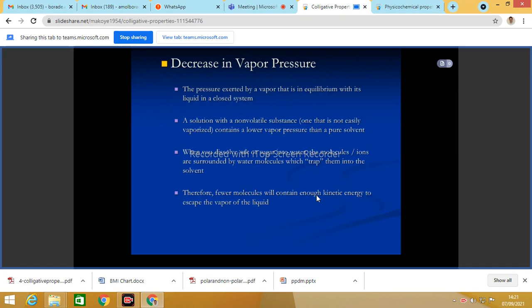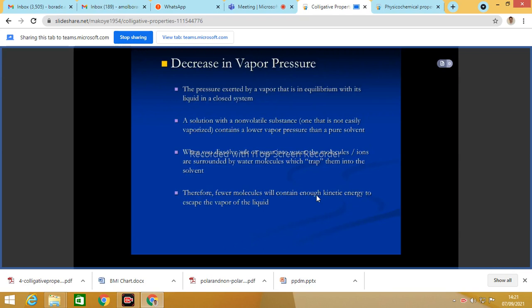A gas molecule has more energy than a liquid molecule, and having escaped the liquid bulk, they exert some pressure onto the walls and the lid of the container. That pressure we can recognize as vapor pressure.